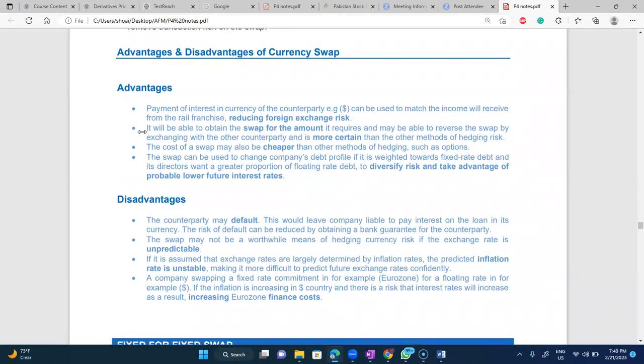Disadvantage of swap is there may be a counterparty risk. The other party can default. You want to pay, but the other party does not want to pay. Counterparty risk. A swap may not be a worthwhile means of hedging currency risk if the exchange rate is unpredictable. If the exchange rate is very volatile, then the swap will not give you the benefit. If it is assumed that exchange rates are largely determined by inflation rates, the predicted inflation rate is unstable, making it more difficult to predict future exchange rates confidently.